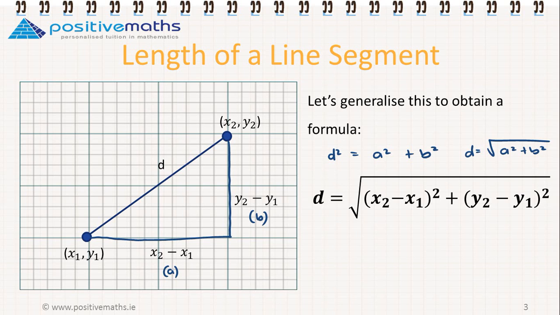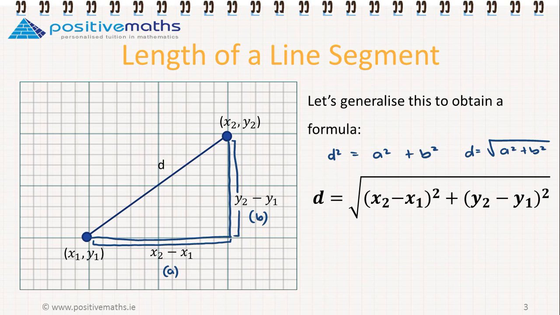Here, for A we have x2 minus x1, so that's the difference between the x values of the 2 points. And for B we have y2 minus y1. This is the difference in the y values between the 2 points. So it gives us the formula: D is equal to the square root of (x2 minus x1) squared plus (y2 minus y1) squared.